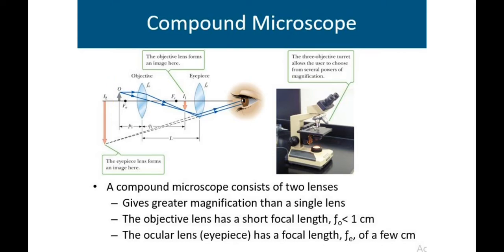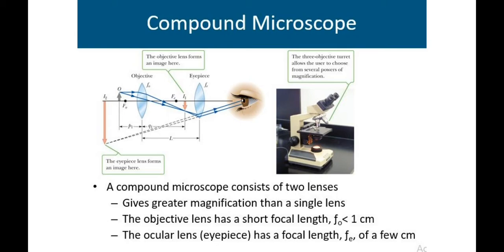If we have an object here, then the beam which is parallel to the optical axis goes here, crosses the axis at the focal point, then goes again here, and we can see a virtual image which is magnified, and it is also inverted, so it is looking in the other direction.